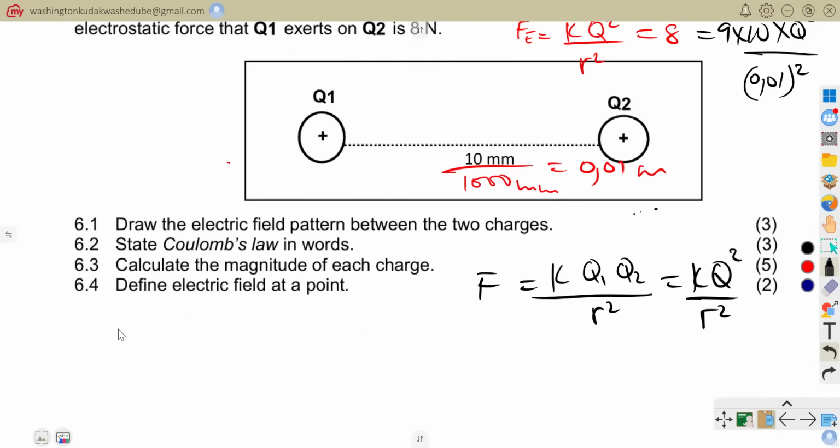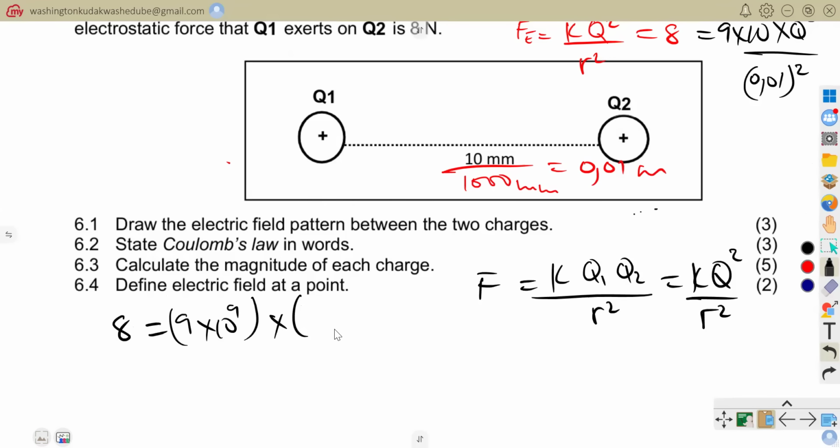So this F is 8 newtons, equal to K, which is 9 times 10 to the power 9, times Q squared all over R, which is 0.01, squared. Q is the one that I'm looking for.